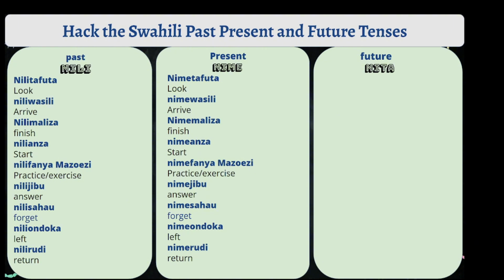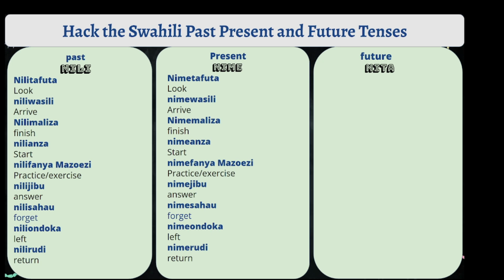So I don't want to repeat myself there. Basically, just plug in nime in the beginning of any verb, and you will have a complete and very correct explanation of a present tense. So that would be a great presentation of present tense when you use nime.